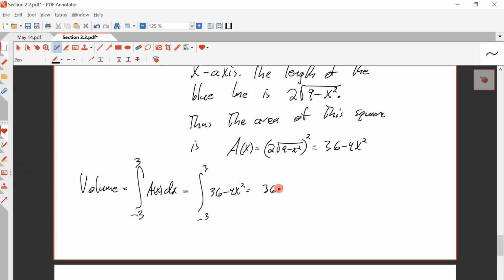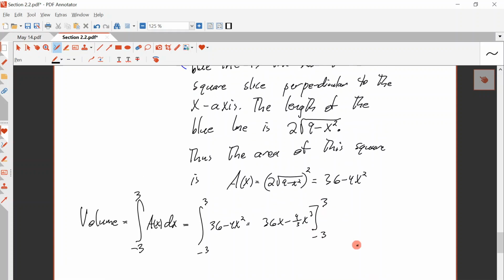So that's 36x minus 4/3 x to the third, from minus 3 to 3. So this is equal to 36 times 3.